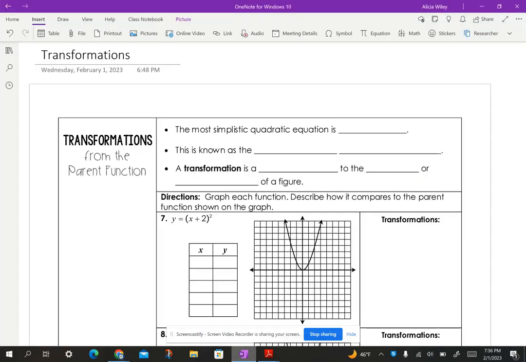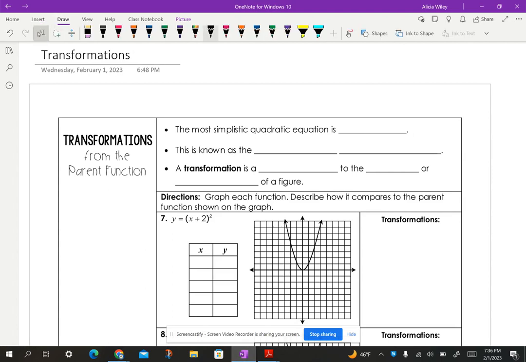So if we go to our page of notes, we can start filling this information in as we go through it. So the parent function is what we call the simplest quadratic equation, and it is y equals x squared.